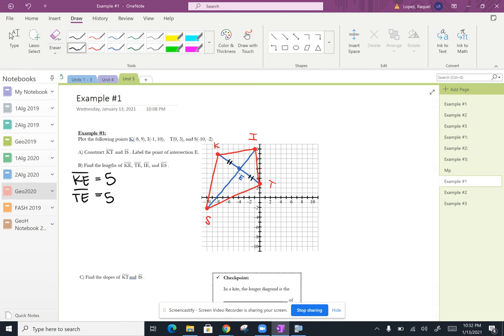All right, the next thing I want to do is find the length of IE. Okay, so to find the length of IE, I want to make another right triangle. And let's see. So I'm trying to find this length in blue. And I'm going to redraw this over here.